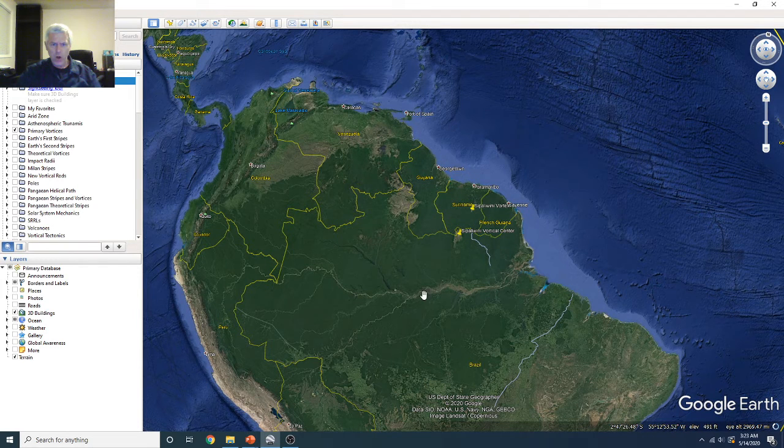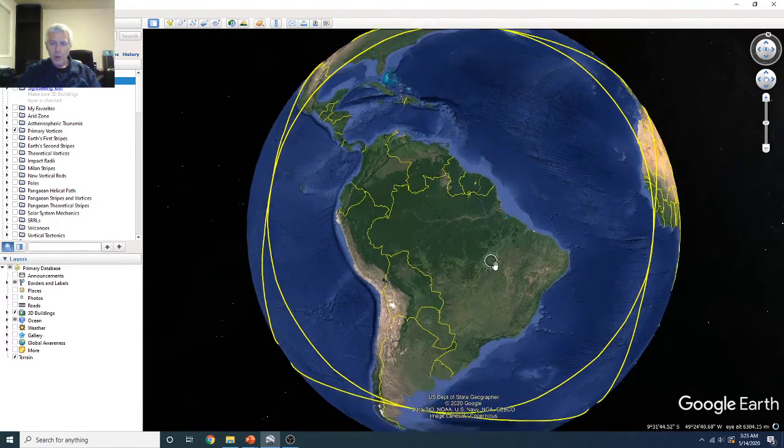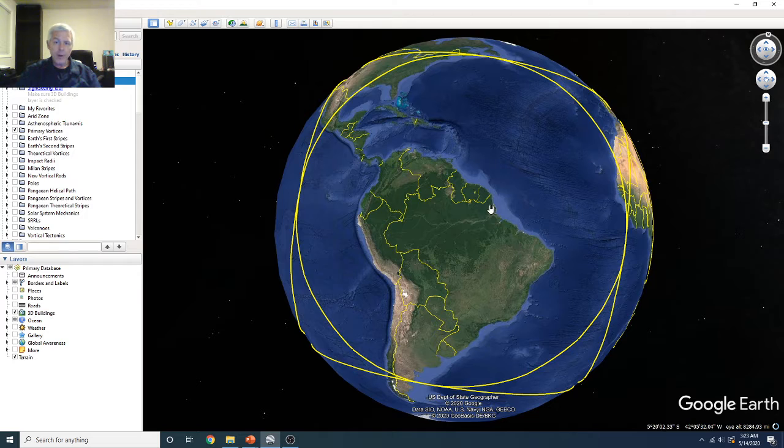Oh my God, the Amazon is it. Yeah, it's a spiral density fracture. It's going that way, and it's splitting the continent apart. That's interesting. So what does that tell us? That tells us that South America's vortex is rotating in the counterclockwise direction.